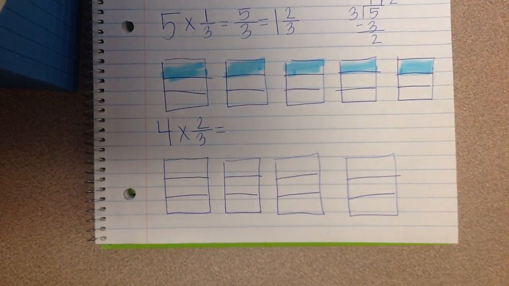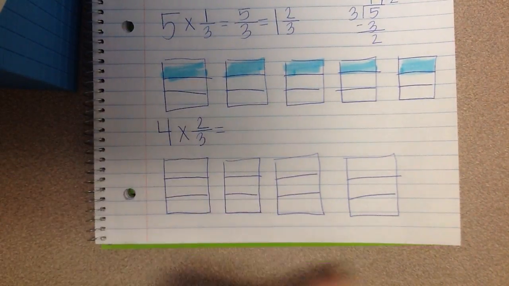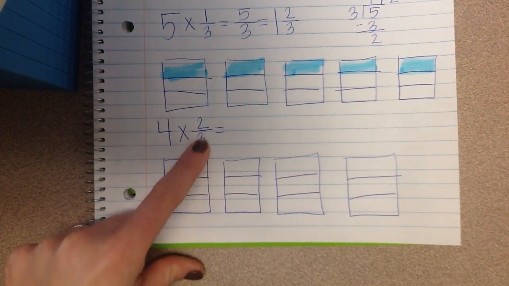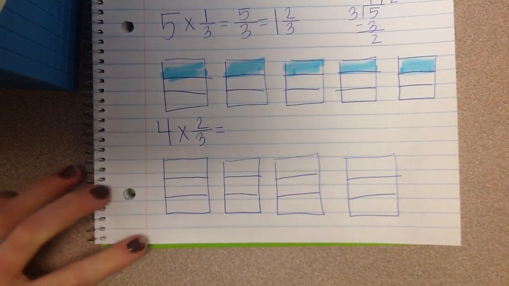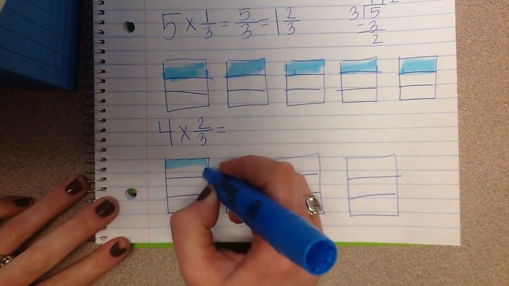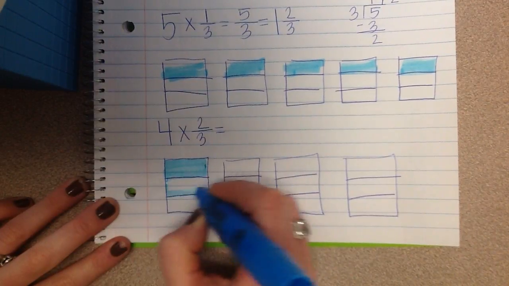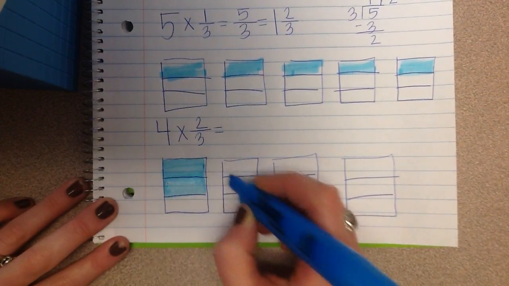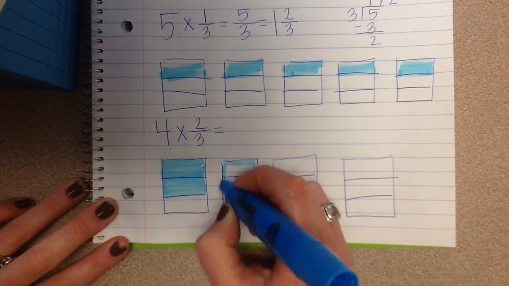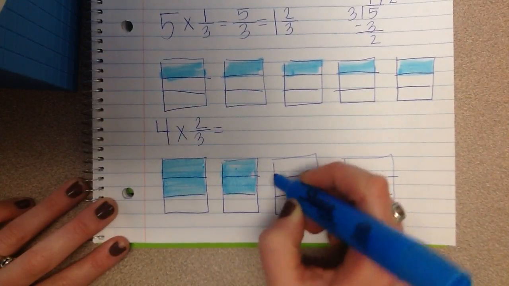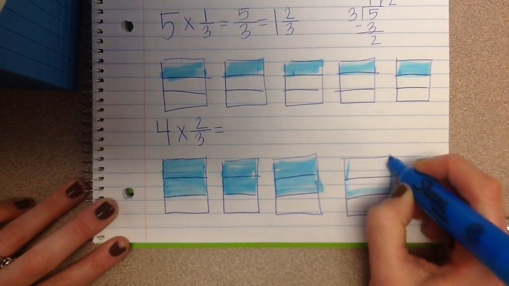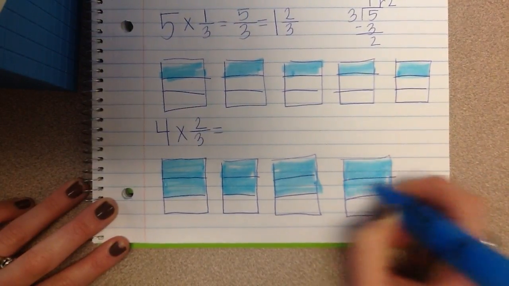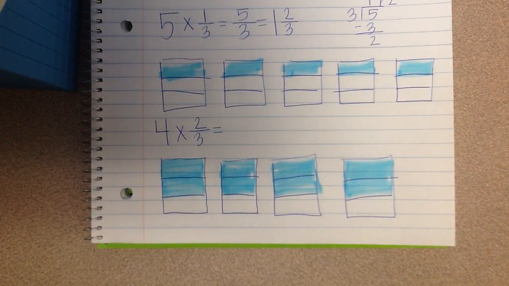Okay, and so I have 4 and I've broken them into thirds because they've told me right there that's my 3. And they're not asking for 1/3 of each, they are asking for 2/3 of each. So I'm going to color in, there you go.